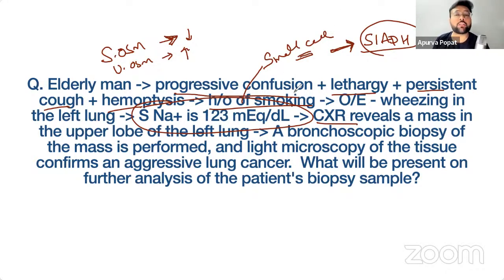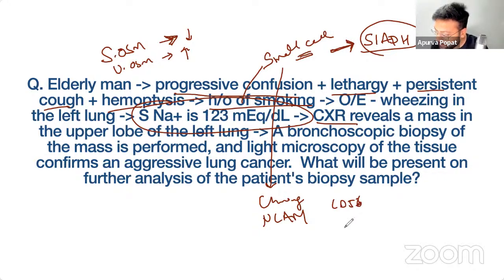If I say what immunohistochemical stain will be positive, your answer is chromogranin A. Chromogranin will be positive. It's a neuroendocrine tumor, so it will also be positive for NCAM, neuronal cell adhesion molecule, CD56. Synaptophysin will also be positive.